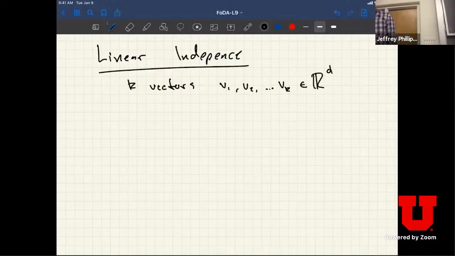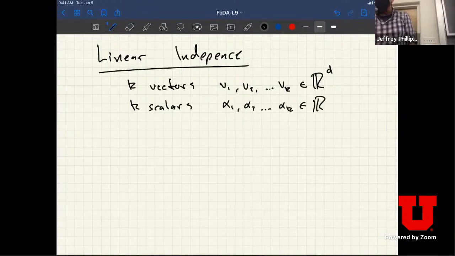So these are d-dimensional vectors. And I also have K scalars, alpha 1, alpha 2, up to alpha k. Remember, I was going to use Greek letters for scalar quantities. These are not vectors, these are just a single value.